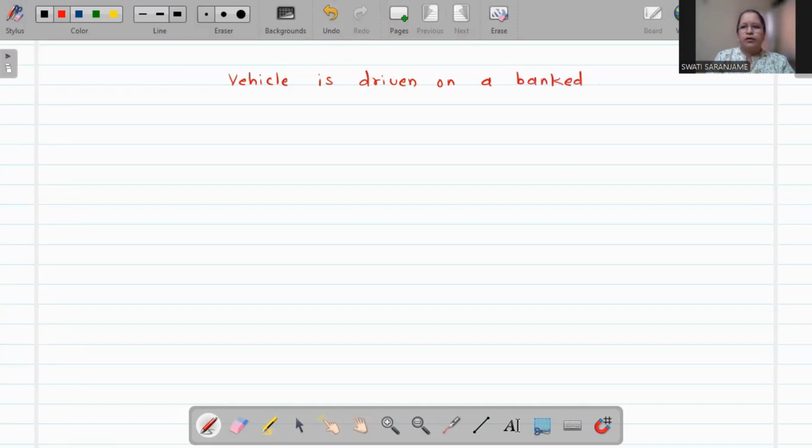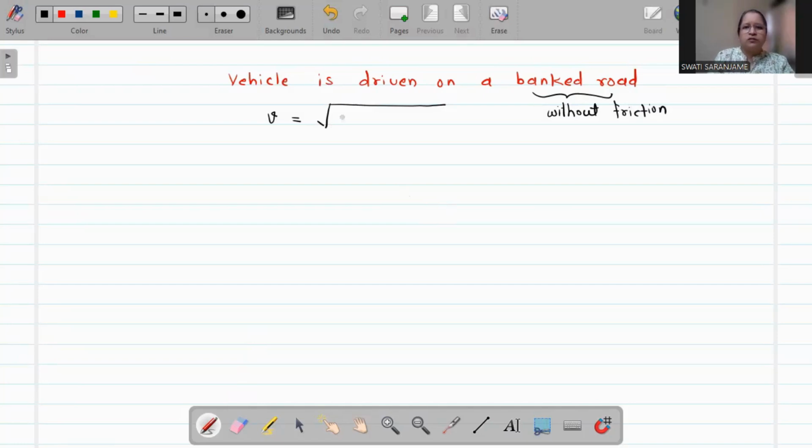And we arrived at the formula for the optimum speed with which the vehicle can be safely driven on this banked road. But the important point to remember is that we are neglecting friction, without friction. That means we are assuming the road surface is very, very smooth.